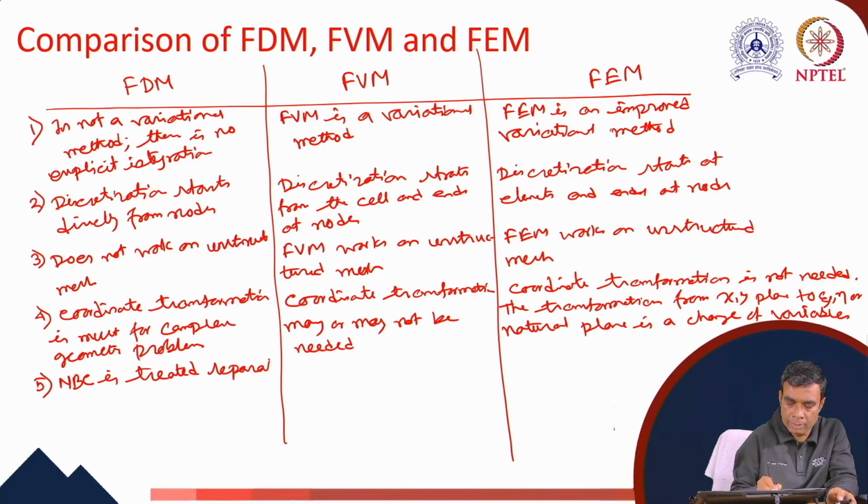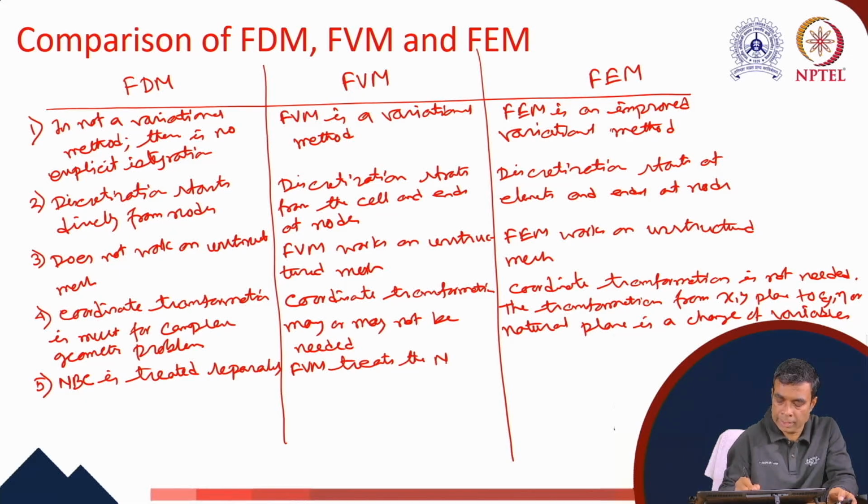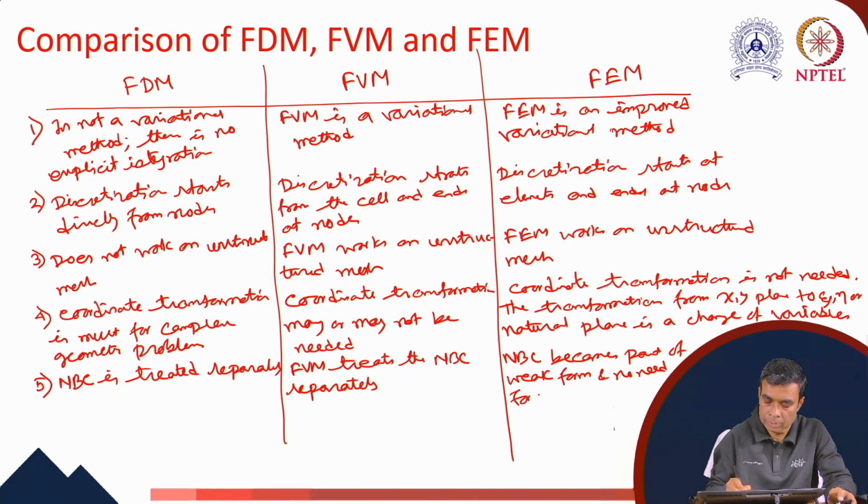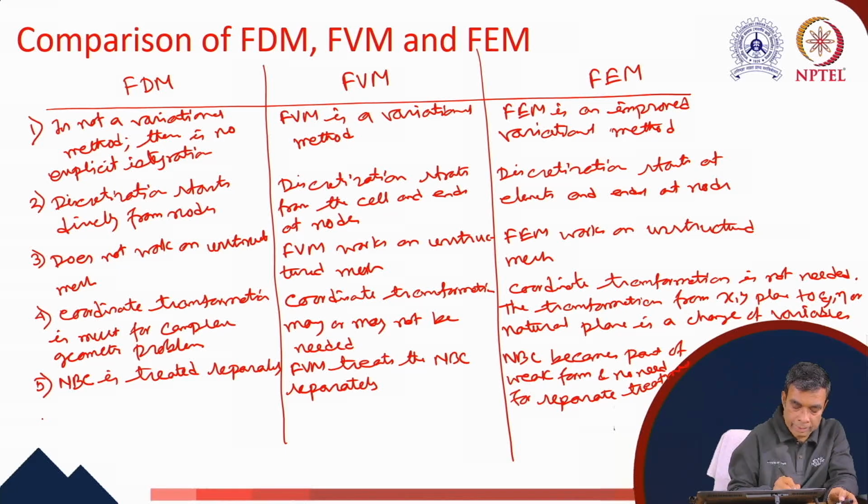Fifth difference is that the natural boundary condition is treated separately. In FVM also, the natural boundary is treated separately. In FEM, NBC becomes part of weak form and no need for separate treatment. Point 6.